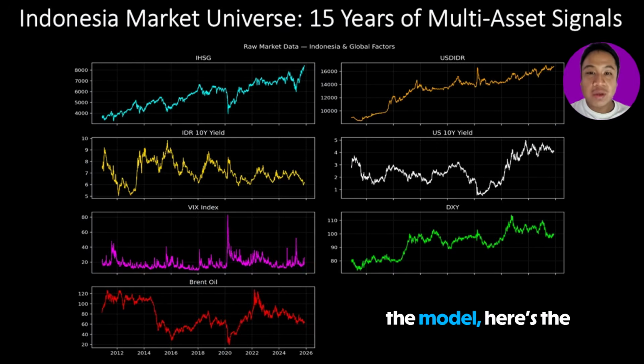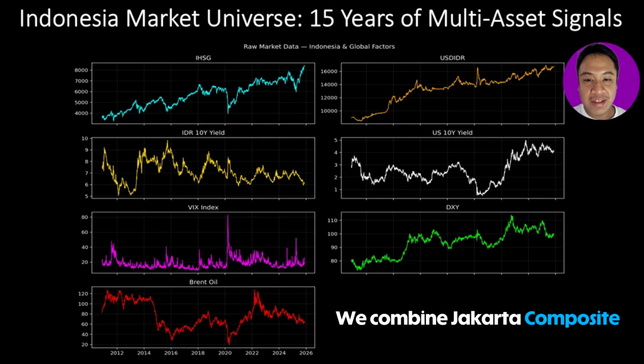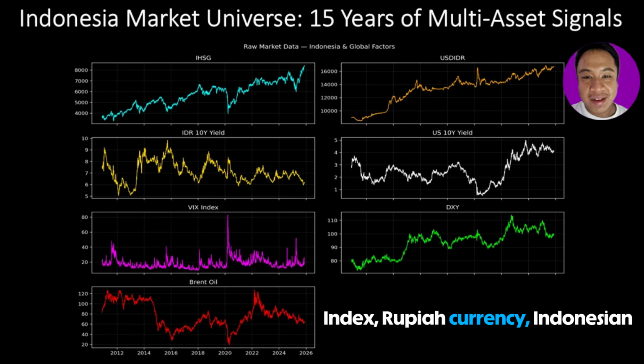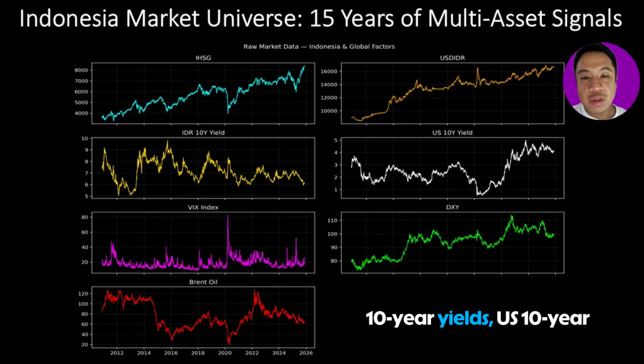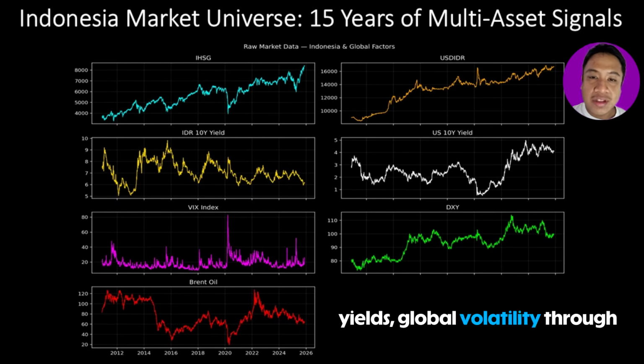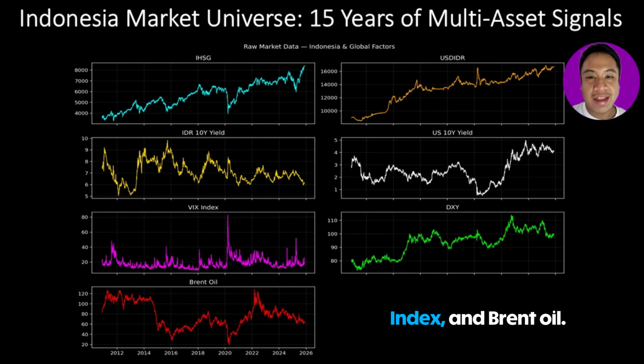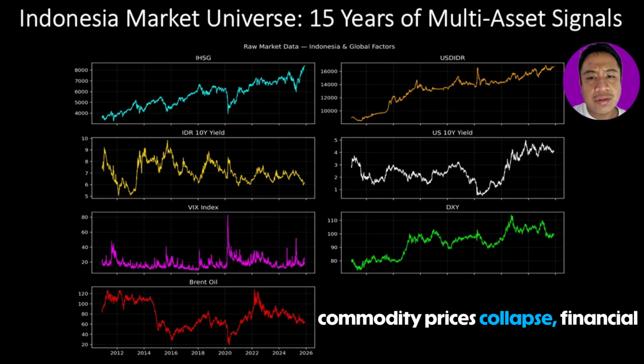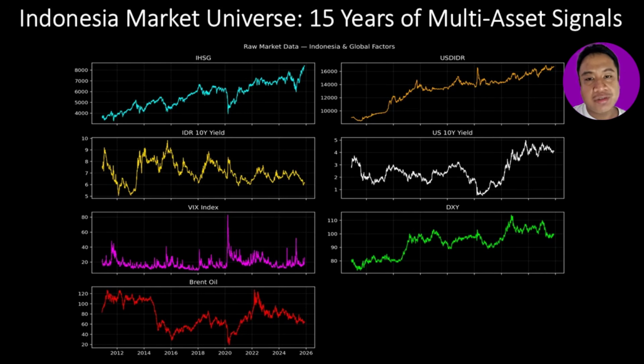Before we jump into the model, here's the raw market data we used. We combined Jakarta Composite Index, Rupiah currency, Indonesian 10-year yields, US 10-year yields, global volatility through the VIX, the dollar index, and Brent oil. These series reflect Indonesia's true macro environment. When global volatility spikes, when yields rise, when the rupiah weakens, or when commodity prices collapse, financial conditions tighten and risk sentiment changes.